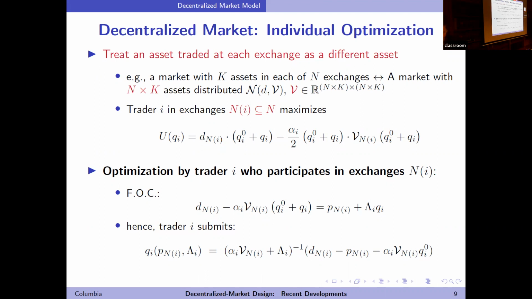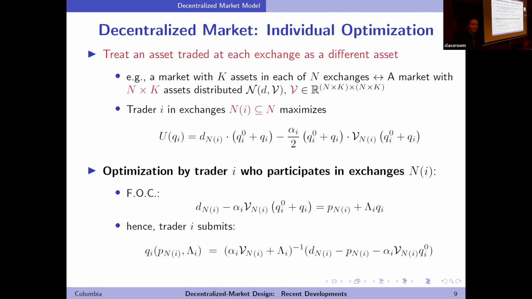So we want the second equilibrium condition to require that the price impact assumed by a trader in his pointwise optimization is correct. That is, it matches the actual Jacobians of the residual supplies defined by aggregation of demand submitted by others in the exchanges where he participates. Aggregation in a decentralized market is a bit more subtle.